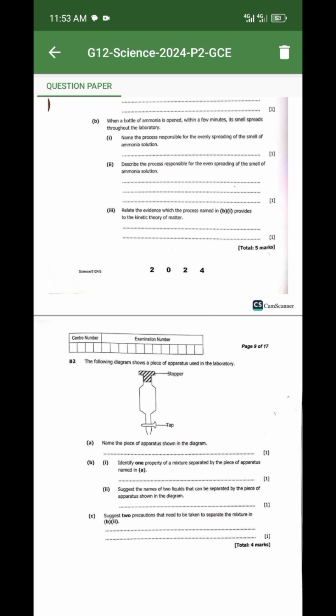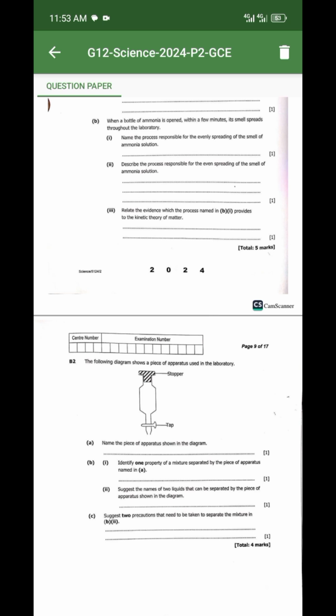Then B1: identify one property of a mixture separated by the piece of apparatus in A. The mixture must be immiscible, meaning the mixture must not mix uniformly. They must have different layers.